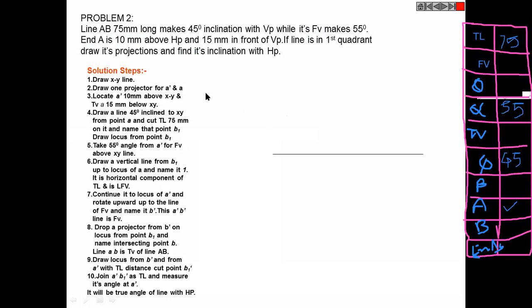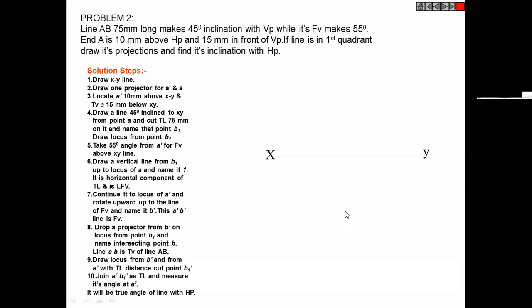Now, complete the box. Prepare your box in your notebook. What is the next step? First of all, draw one line XY. Now locate A. A is easily given.